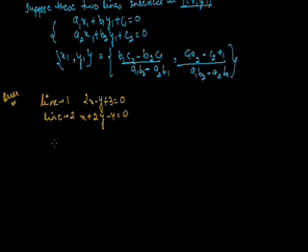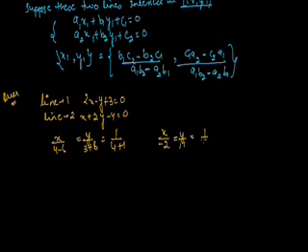Using the above formula, I get x upon 4 minus 6 equals y upon 3 plus 8 equals 1 upon 4 plus 1. Or directly, x upon minus 2 equals y upon 11 equals 1 by 5, so x is minus 2 by 5 and y is 11 by 5.